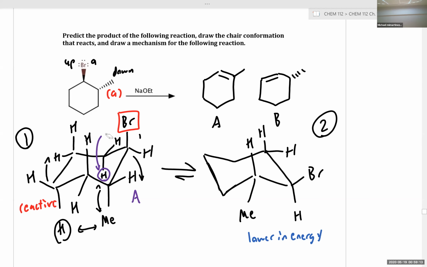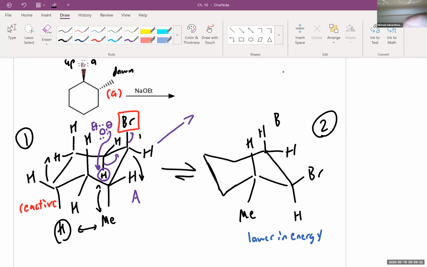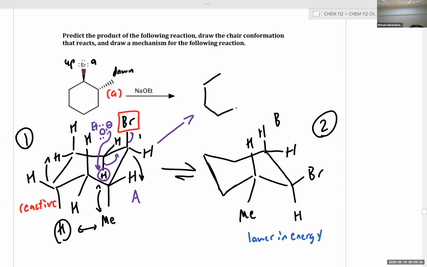Hydrogen B, exactly right. So our ethoxide is going to go in, it's going to pull off our hydrogen, and we'll eliminate our bromine to exclusively yield product B. So this is the only product.